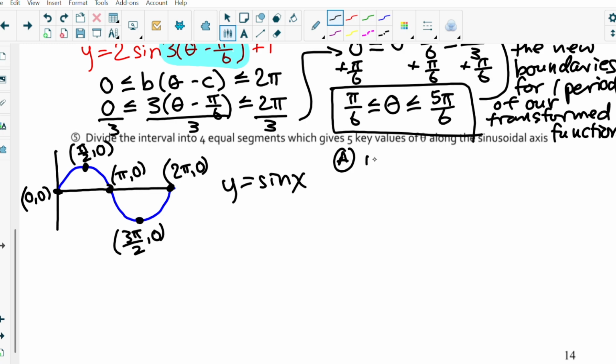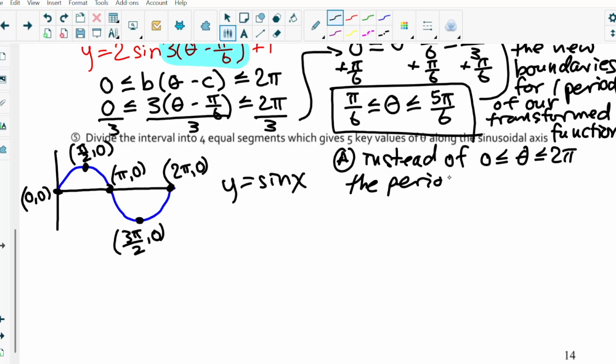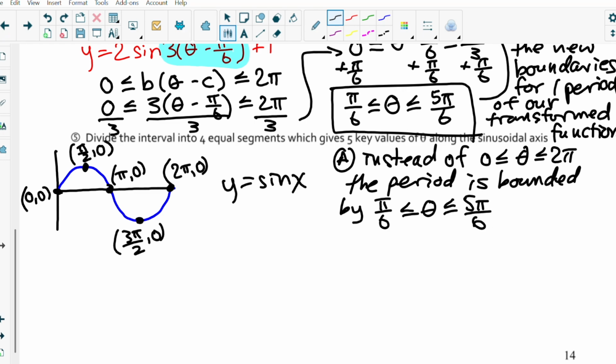Okay, so part A. Instead of 0, theta, and then 2 pi, instead of this boundary, the period is now bounded initially by pi over 6 and 5 pi over 6.